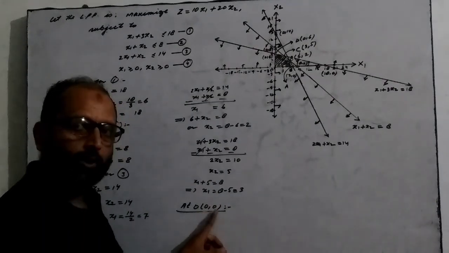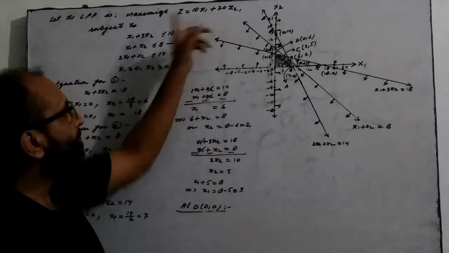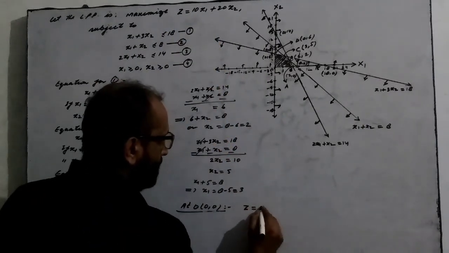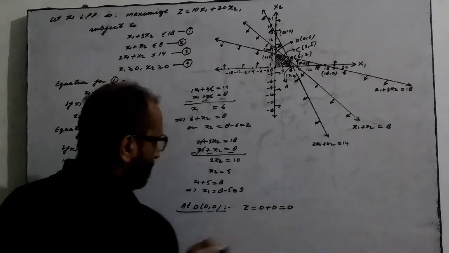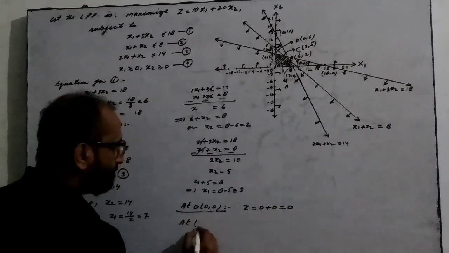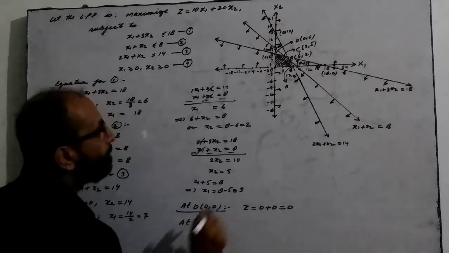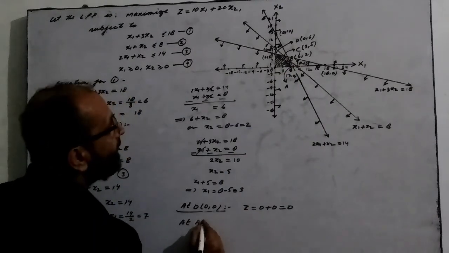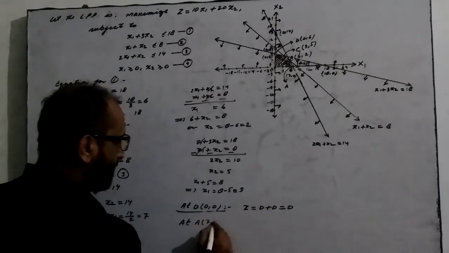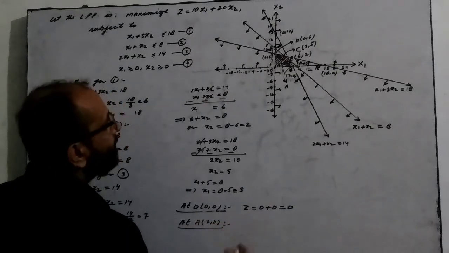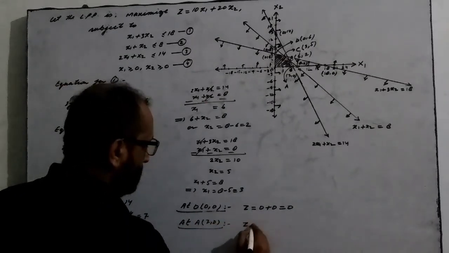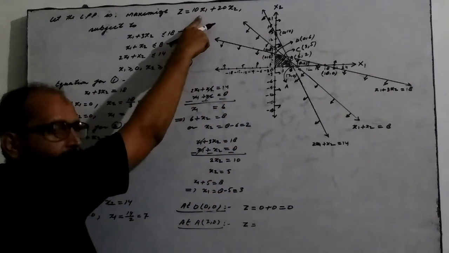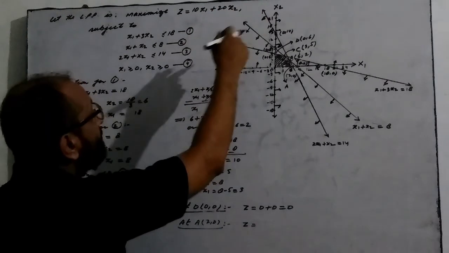So here x1 is 0 and x2 is 0. If we substitute x1 and x2 both equal to 0 in z, we have z is equal to 0 plus 0, which is 0. Similarly, at the second corner point, that is A, whose coordinates are 7, 0, we find the value of z, substituting x1 is equal to 7 and x2 is equal to 0 in this function, which is to be maximized or minimized.